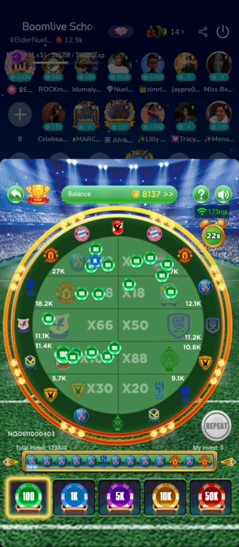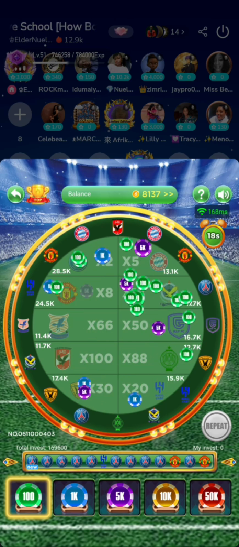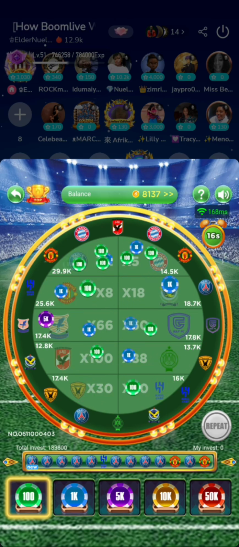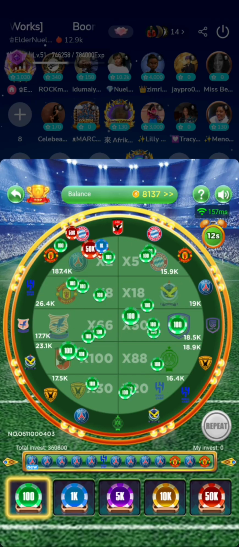So if you know you cannot control your greed level, just recharge 9,000 coins and come in and start with that. If you build up the 9,000 coins more, you keep controlling.